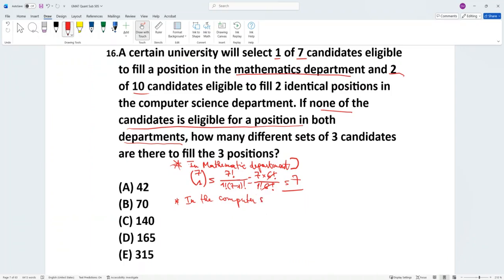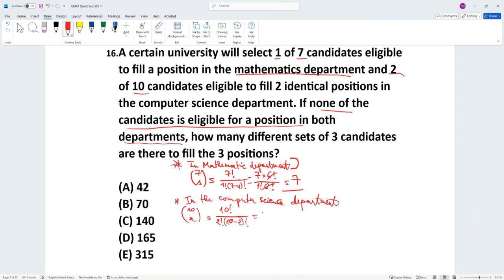So computer science department, we have to choose 2 out of 10. So 10 like this, 2 and 10 minus 2.